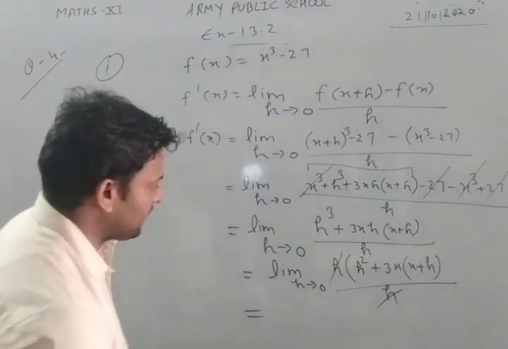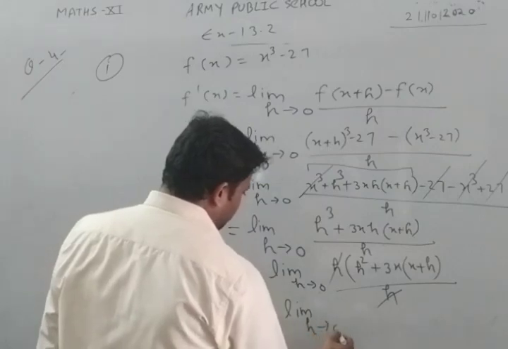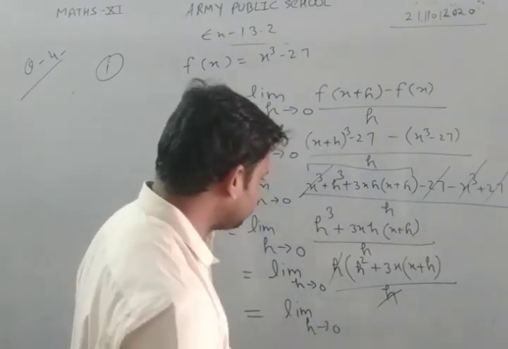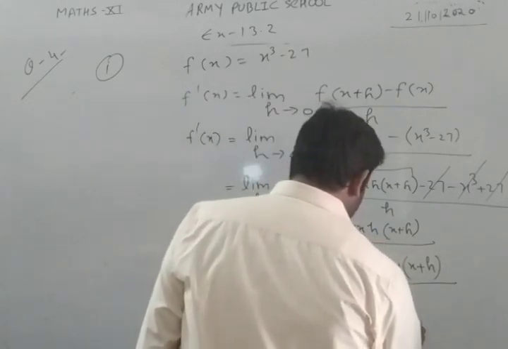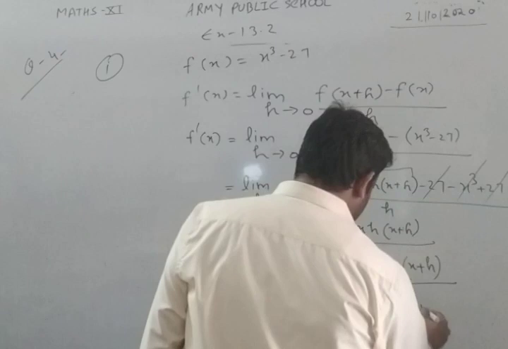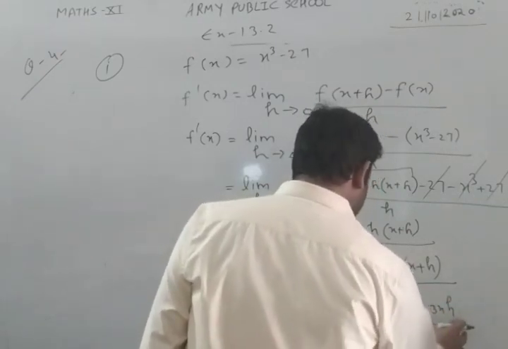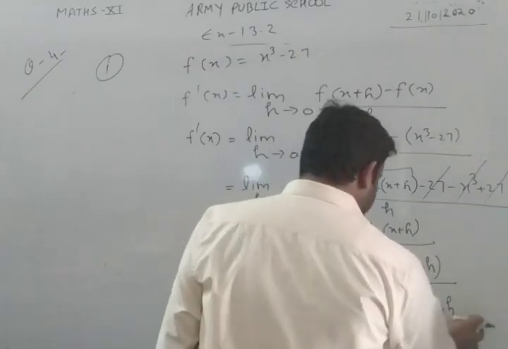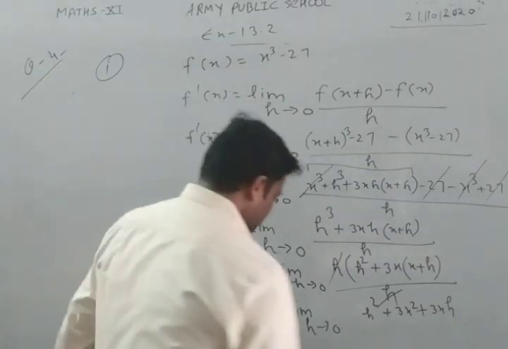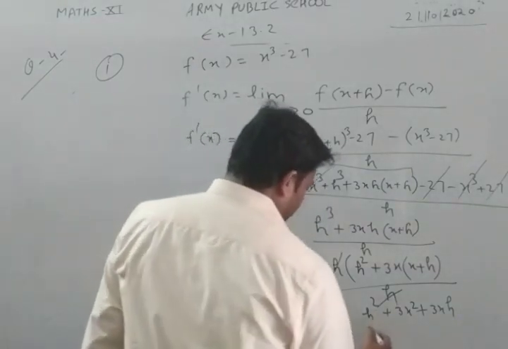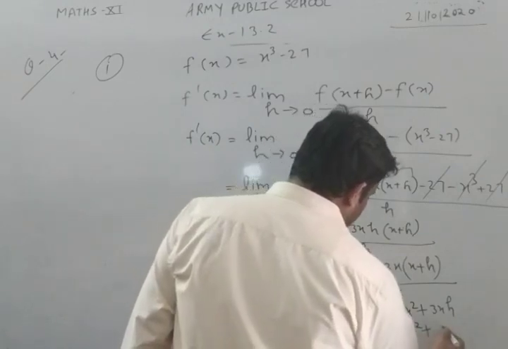This implies limit h tends to 0. Okay, we are getting h square plus 3x square plus 3xh, nothing else, just this. Now put the limit h equal to 0, we get our result: this is 0, this is 3x square and this is 0.